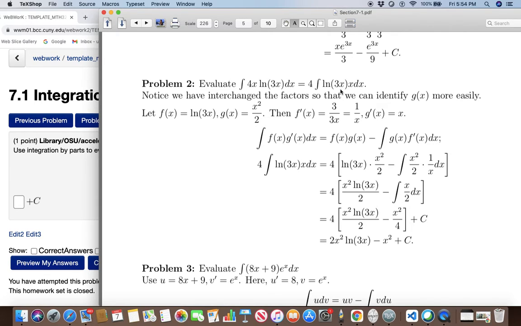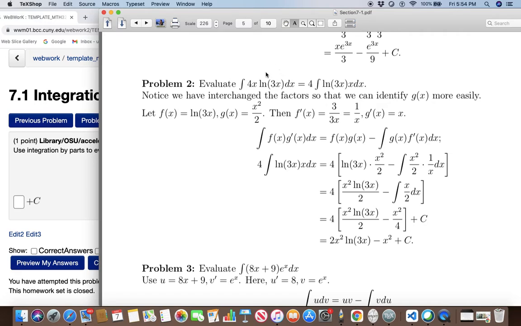Integral natural log of 3x times x. Why did we do this? The antiderivative of the second factor originally, the antiderivative of natural log, is not straightforward. But the antiderivative of x is quite straightforward. That's why we rewrote it.